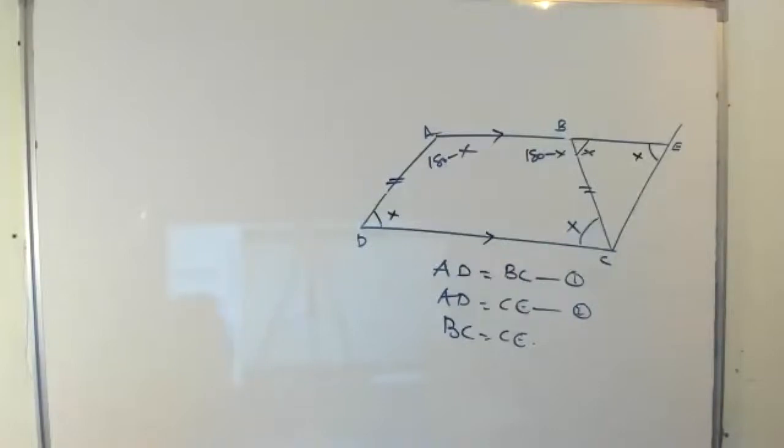Hence, angle E equal to angle CBE. Don't write B alone, or you'll lose the marks. You can write E alone, no problem, because it's an independent angle. Angle E equal to angle CBE.